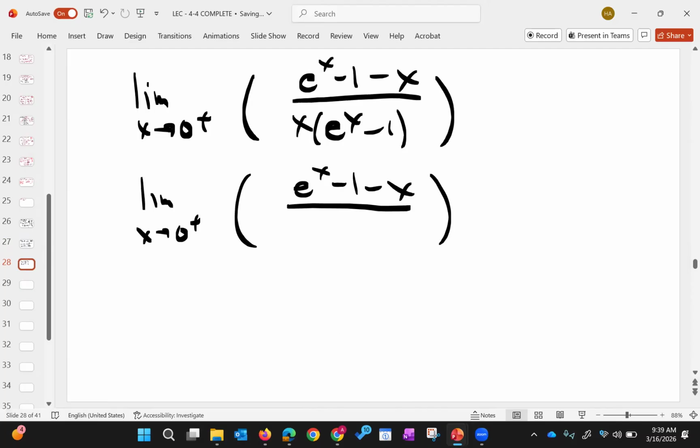Then I don't have to take a product rule. Oh, you know what? I still have to take a product rule, in between x and e to the x. Shucks. Well, I guess I'm going to make you guys do it. Can you guys take the derivative?